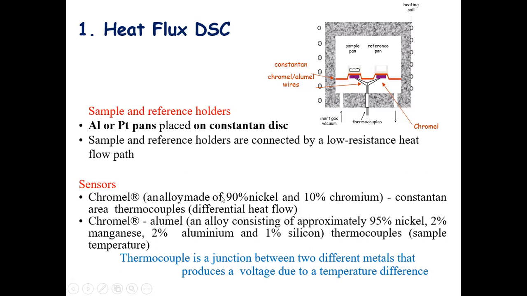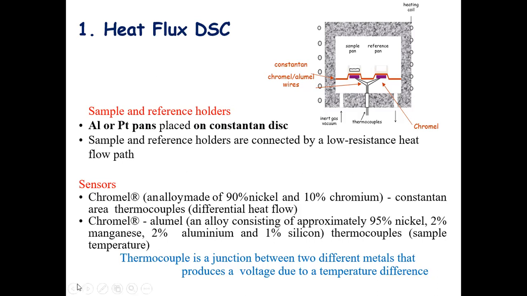In case of alumel, it contains 95% nickel, 2% manganese, 2% aluminum, and 1% silica. So there is a basic difference in their composition.